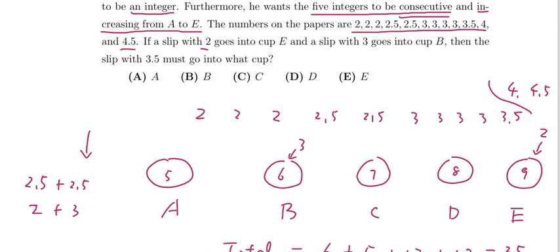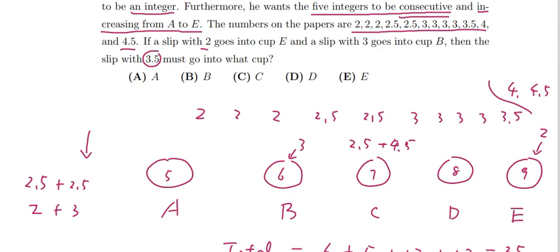One 7 is 3 plus 4, so the other one should be 2.5 plus 4.5. Then the question is which cup the 3.5 must go to.